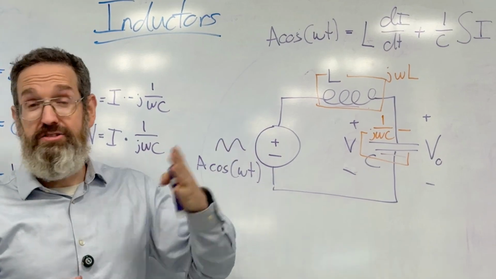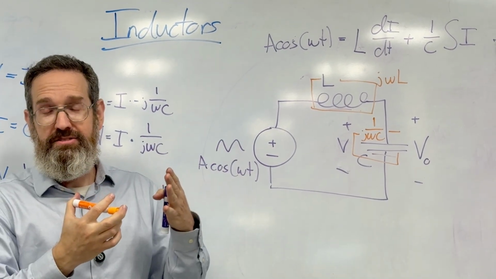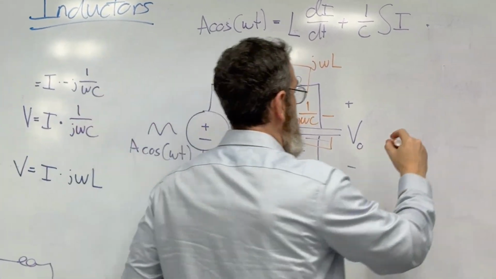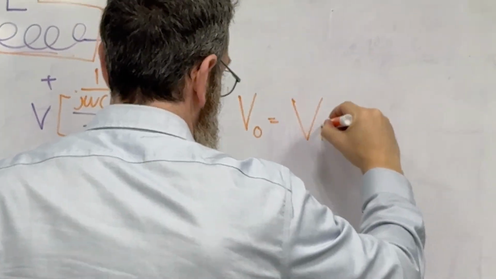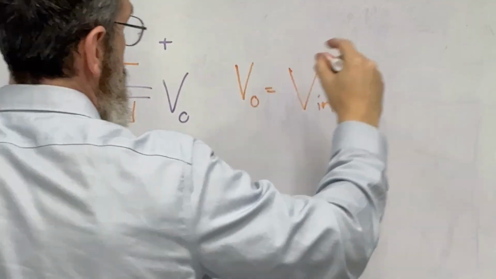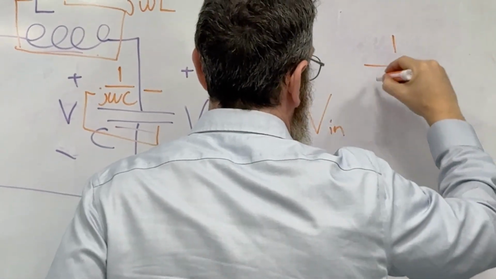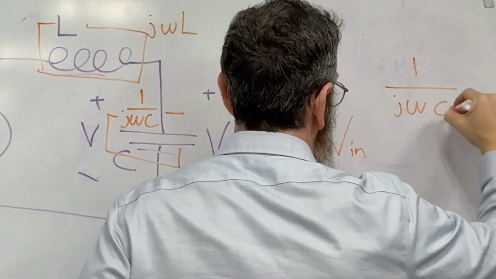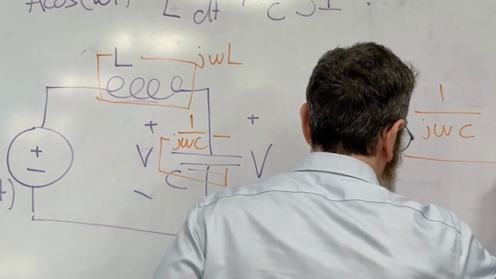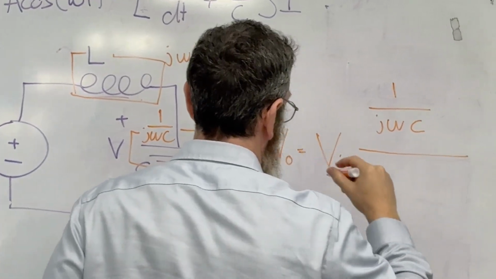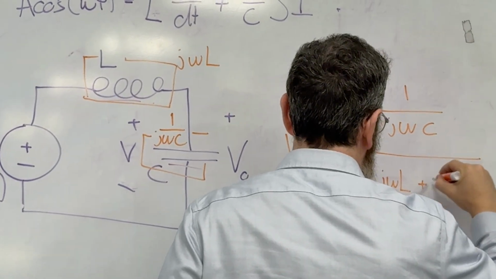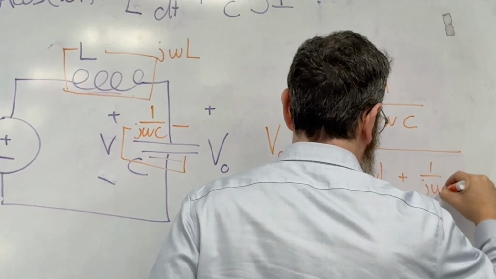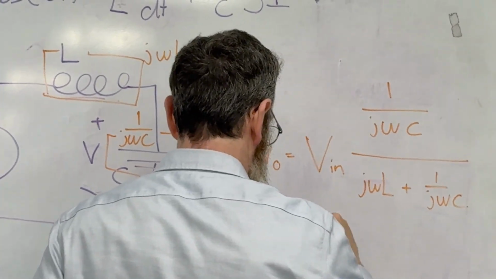It's like Ohm's law. And so in one step, we have our answer, which is that V out is going to equal V in times 1 over jωC over jωL plus 1 over jωC. But I'm going to rewrite this.